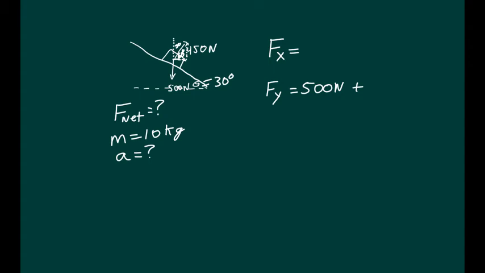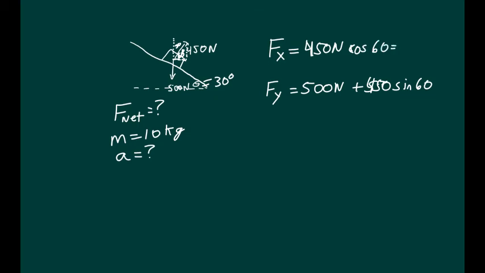Okay, so for the y component, it'd be 450 times the sine of 60. Now the x component will be 450 times the cosine of 60.